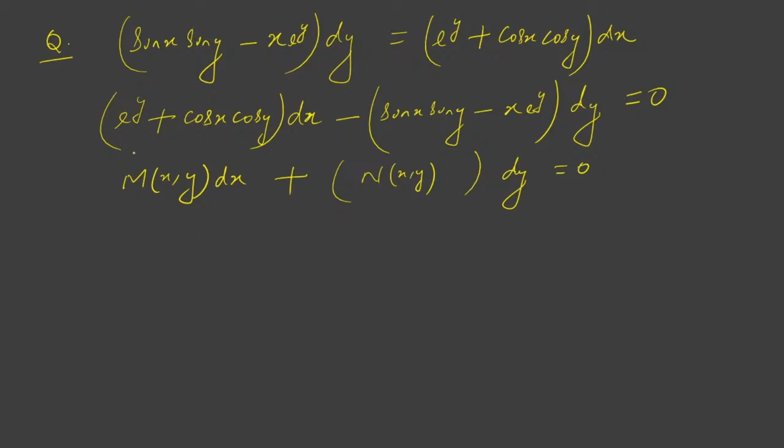So this quantity is your M(x,y) dx. So ∂M/∂y: first of all, we have to differentiate M(x,y) with respect to y. So ∂/∂y of e^y + cos x cos y.